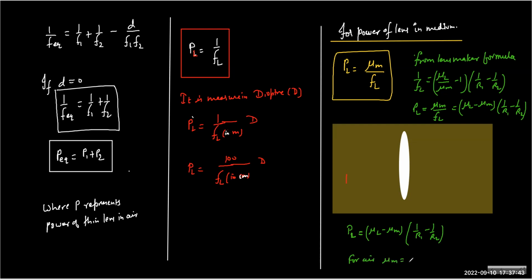So for air, mu medium is 1, and that is why you get the formula, and that is why the power of a lens in air is 1 by f air.